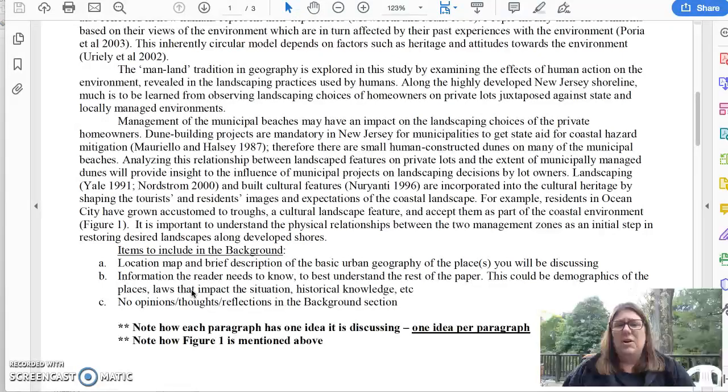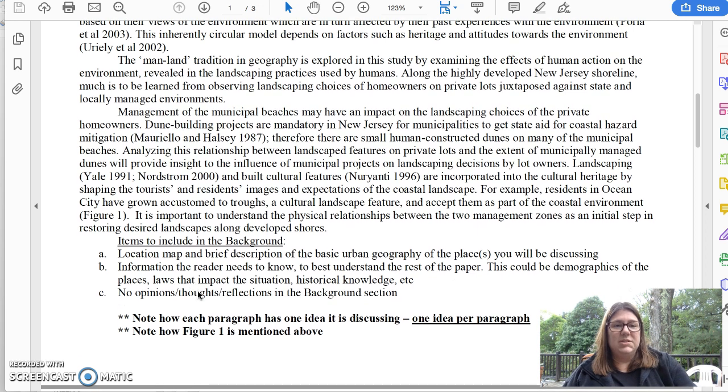In every other part of the paper, after the background, your only goal is to answer the research questions. The background, you can kind of vary a little and give some background information that would be useful to know when reading the rest of your paper. Okay, the rest of the paper is just aimed at your research questions. Everything else that isn't relevant should not be included.